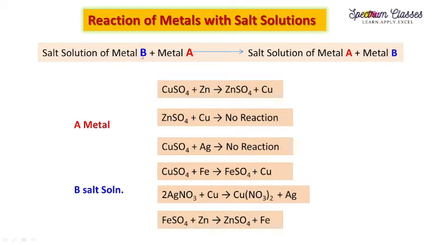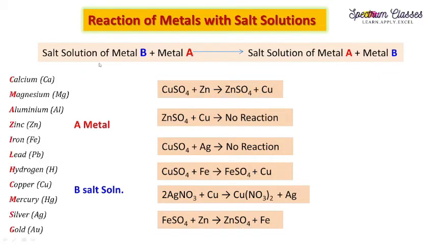Salt solution of metal B plus metal A. What I have written over here, salt solution of metal B plus metal A, you will get salt solution of metal A plus metal B. So what does it mean? First you understand the meaning of this equation. If we are having, let me show you, this is our reactivity series, fine.